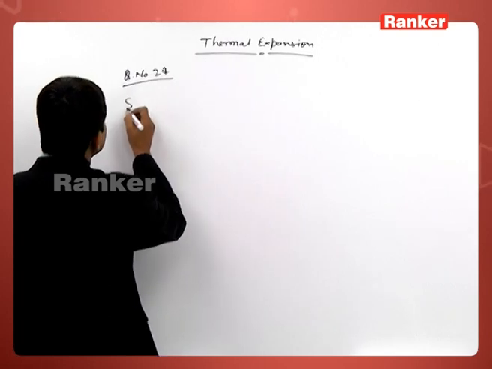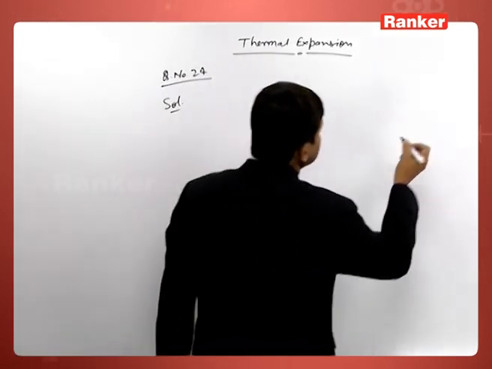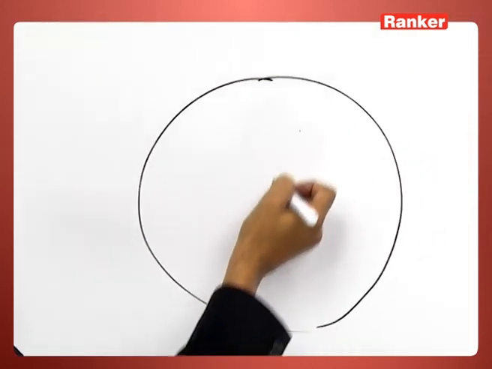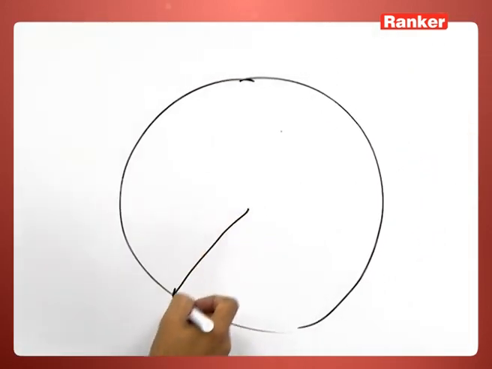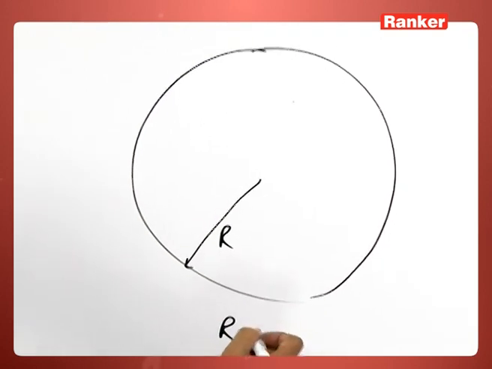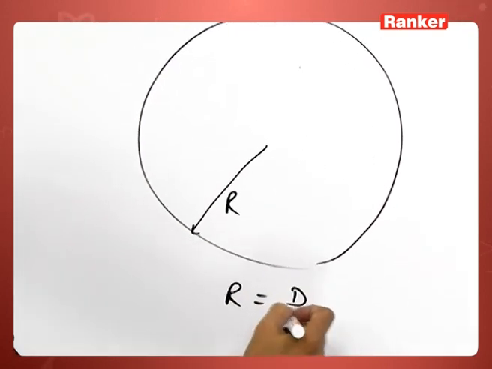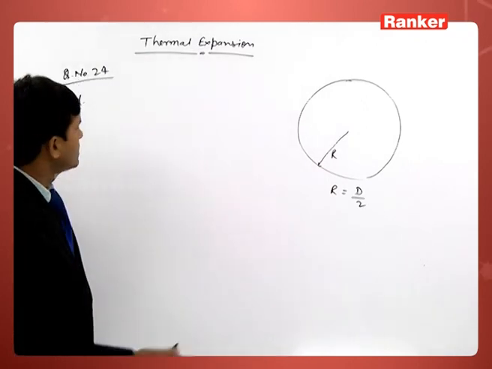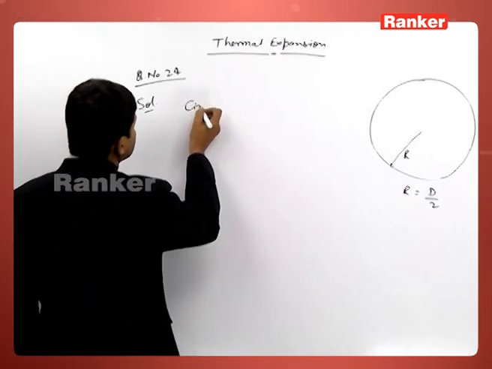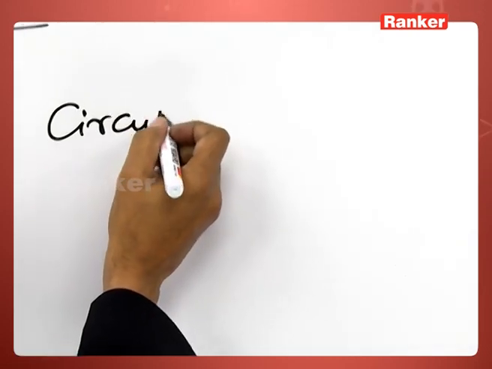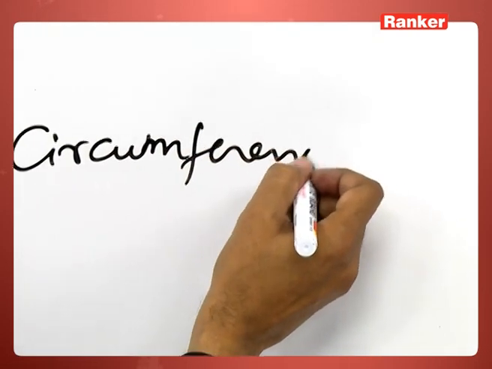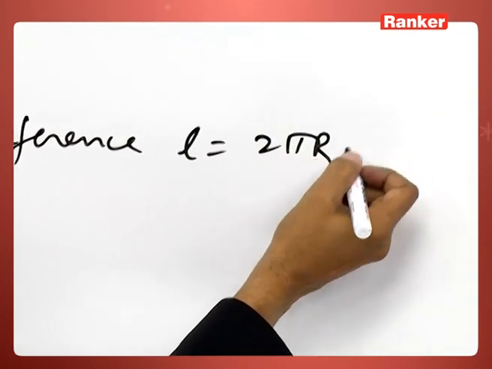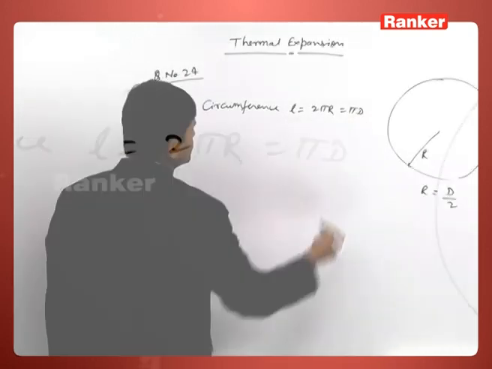As per the given question, this is the metal ring and its diameter D is given, or the radius is D by 2. On heating, first the circumference. The circumference L is equal to 2 pi r or pi into d.